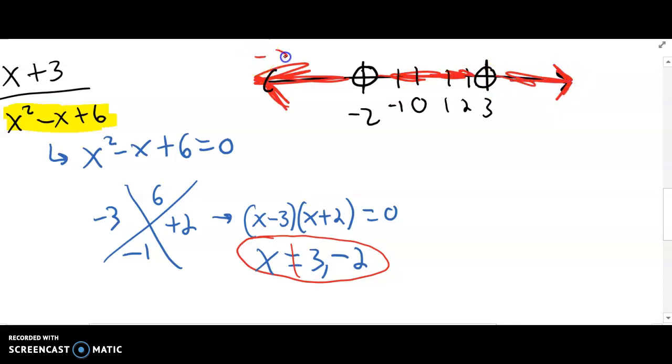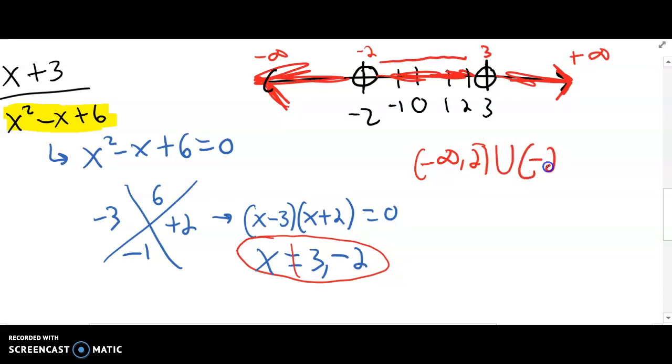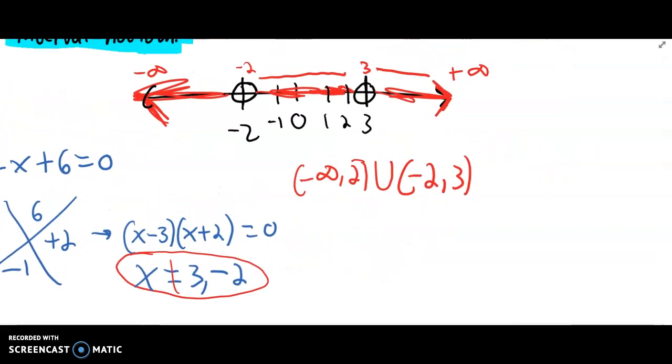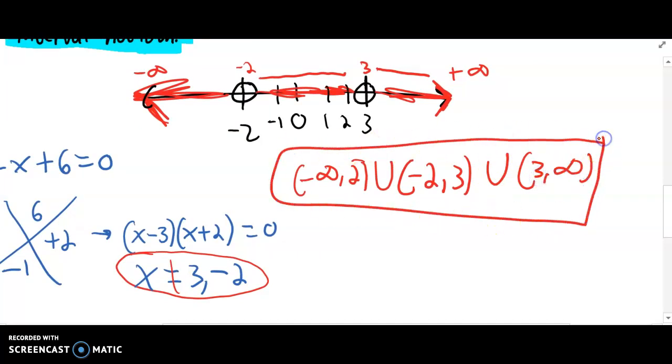So this is negative infinity, negative 2, 3, and positive infinity. So I have from negative infinity to negative 2, then I include all of this, union, negative 2 to 3, and then we skip 3, and everything after 3 we also include. So this is our final answer.